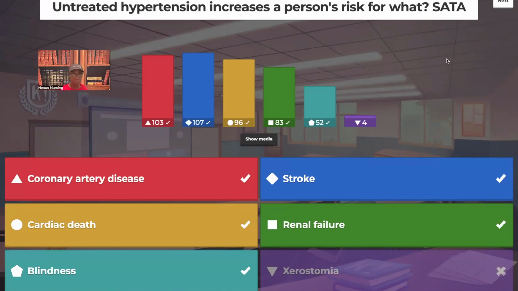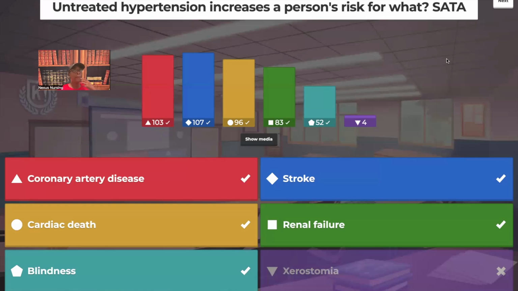Xerostomia is a condition where a patient has dry mouth. Now, dry mouth can be caused by many things. Dry mouth can be caused by medication such as anticholinergic agents. Remember, I taught you guys about that. Anticholinergics: can't see, can't spit, can't pee, can't poop, right? So xerostomia can be caused by that. It could be caused by some antidepressant agents.